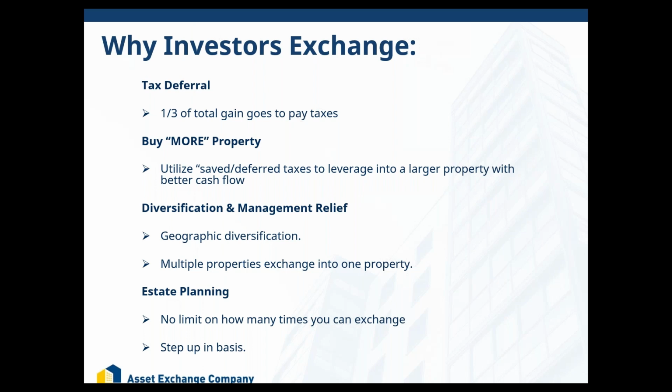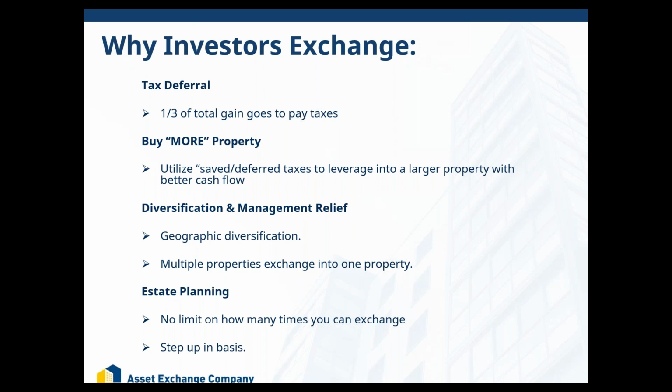Now, something else that we see is investors utilizing 1031 exchange for diversification and management relief. With exchanging, you're not limited to how many properties you can sell in an exchange, or how many properties you can purchase. You could sell one property and buy one replacement property. You could sell one property and buy multiple replacement properties, or sell multiple properties and buy a single property or multiple properties.